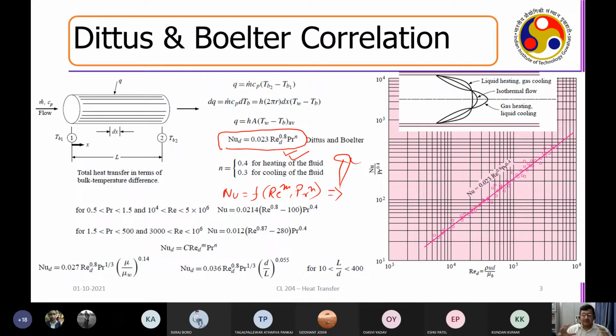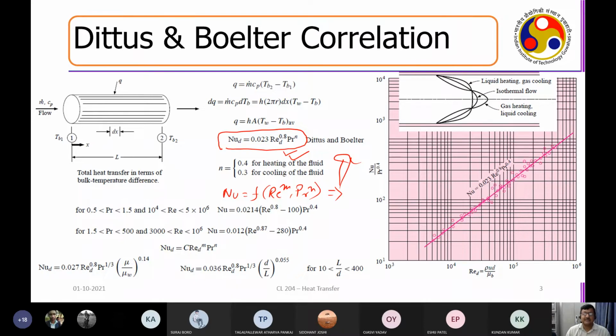Now, once you are done with all the fundamental aspects of the heat transfer coefficient calculations, the final thing that needs to be remembered for engineering calculations, or any problems that you are doing here, or any question that you are appearing for during your job interviews, right? If you are really looking for the heat transfer coefficient for a system, you should always look for a Dittus-Boelter type correlation, where given the flow rate and all the physical properties, you will be able to get the heat transfer coefficient.